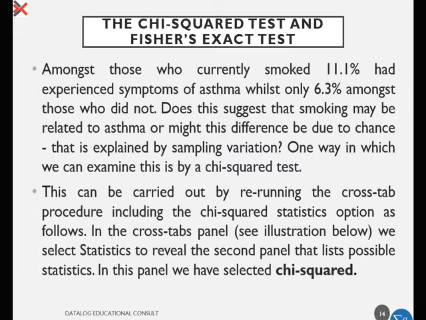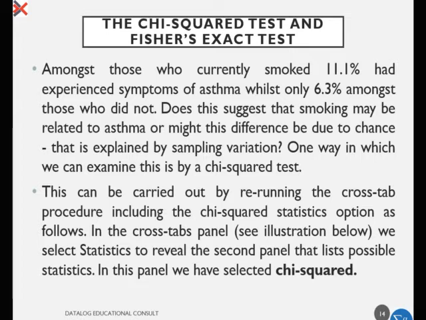Now I want to explain about the Chi-square test and Fisher exact test. Among those who currently smoke, 11.1% had experienced symptoms of asthma, while only 6.3% amongst those who did not. Does this suggest that smoking may be related to asthma, or might this difference be due to chance, explained by sampling variation? One way in which we can explain this is by a Chi-square test.